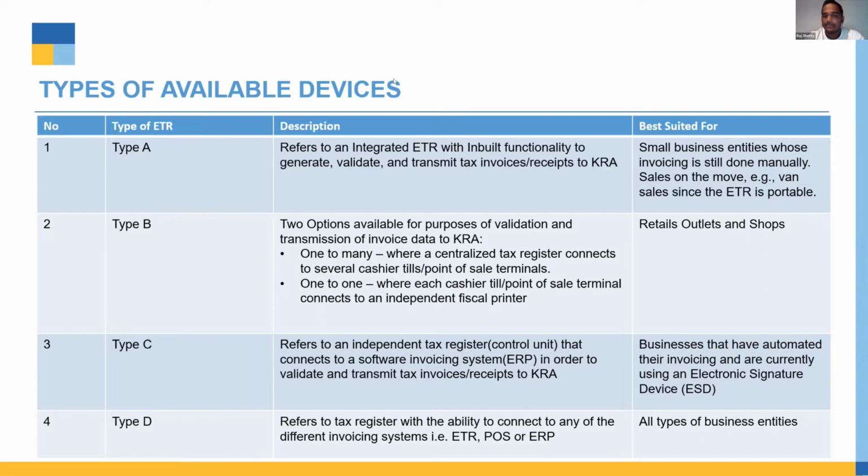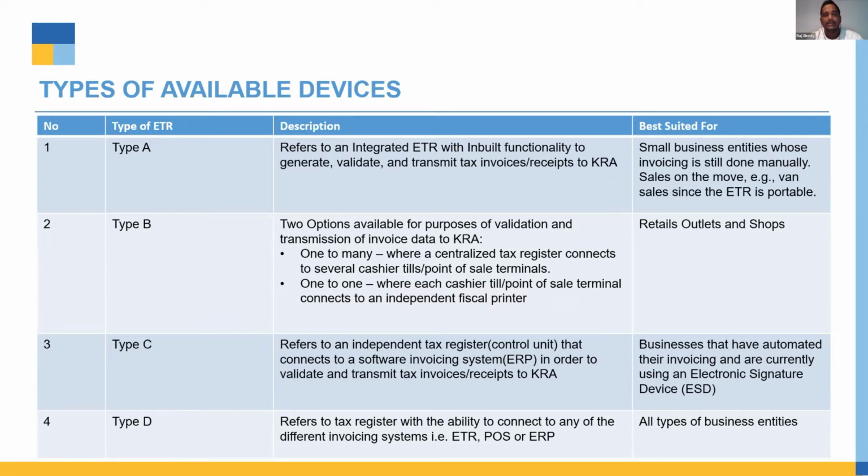First one is type A. KRA recommends this for those who are still using manual invoicing, not using software or computer-generated invoices, and those who are moving around the market, like a milk run kind of business, going to the market directly. The type A device is better suited for them.